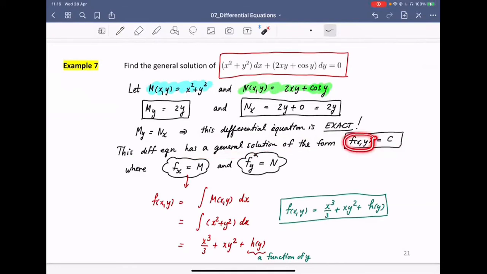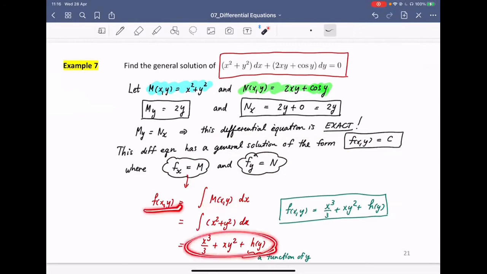The function f you are looking for is the one that, when you differentiate with respect to x, you get m, and when you differentiate with respect to y, you get n. So what I just did is take m, integrate with respect to x to get f.